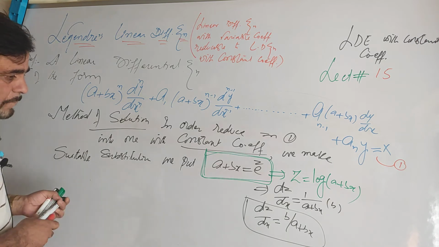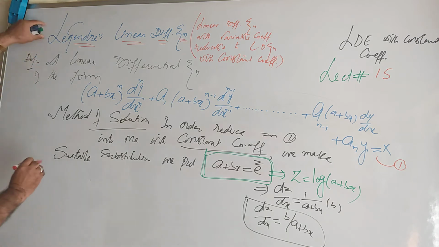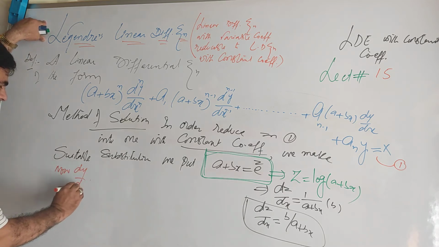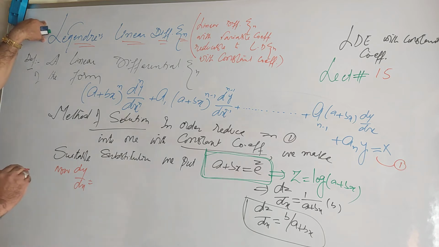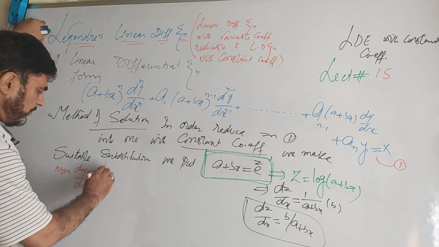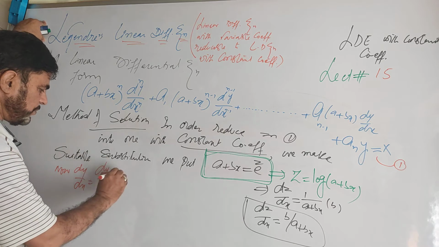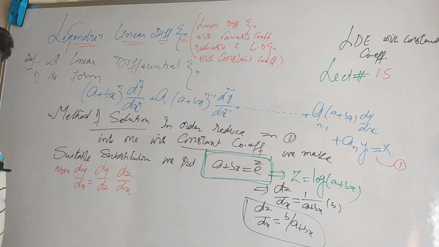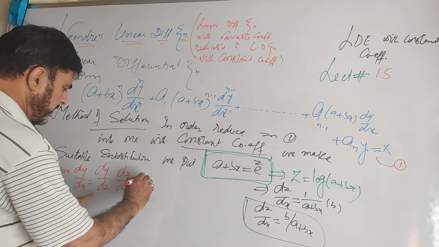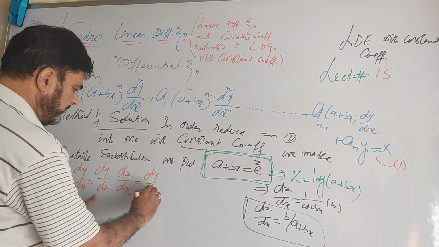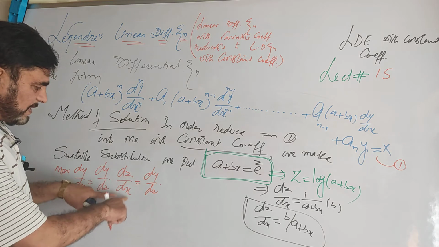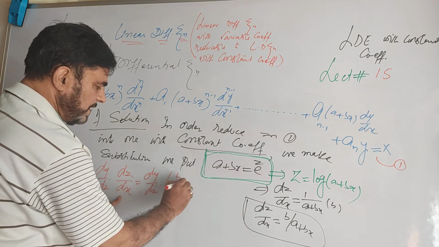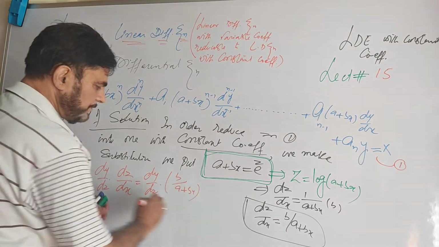Let us see how we find it by the chain rule. Now dy by dx is dy by dz into dz by dx. I am using the chain rule. This gives me dy by dz into dz by dx, which is b by a plus bx.